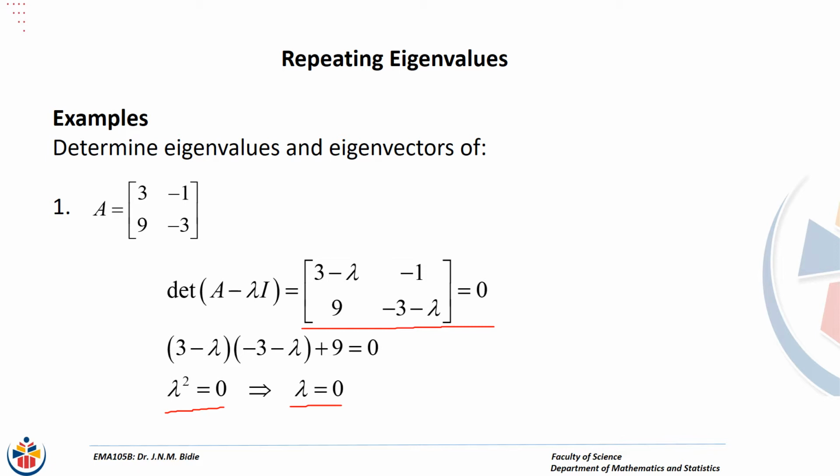When you've got a 2 by 2 matrix, you must make sure that you get two linearly independent eigenvectors. So let's see how, from getting just lambda equal to 0, we are going to get two eigenvectors.